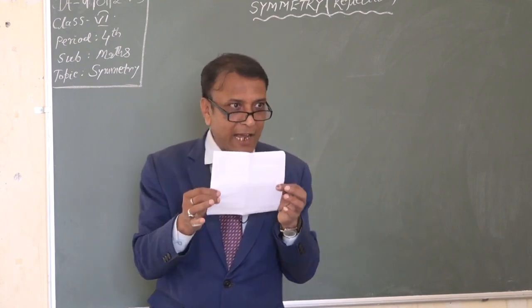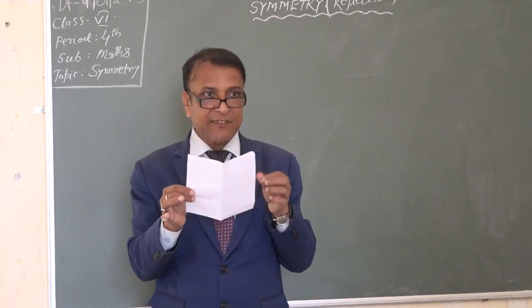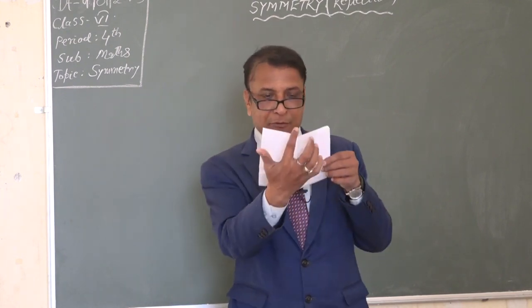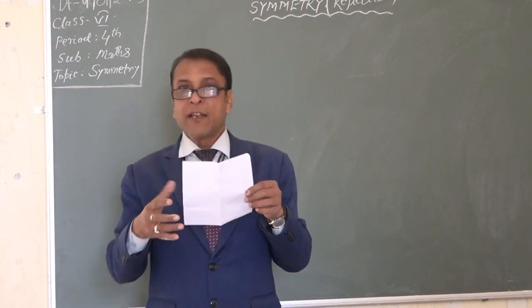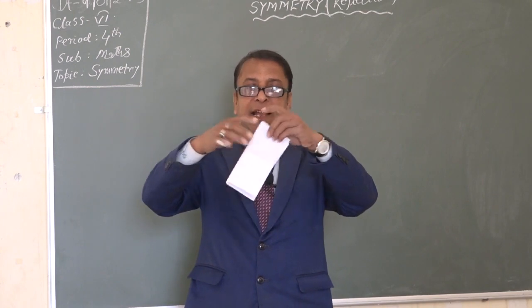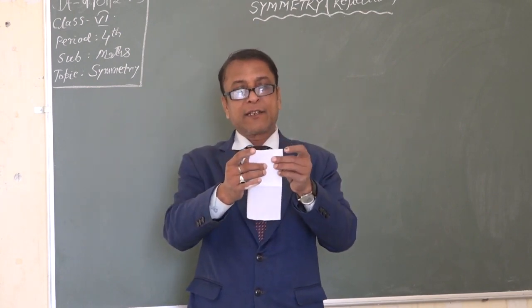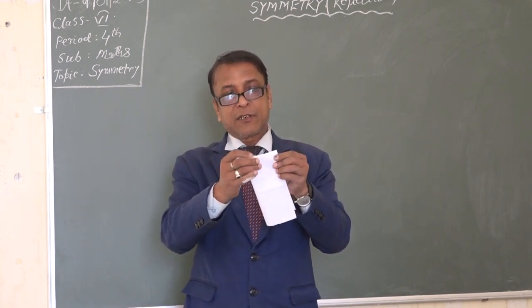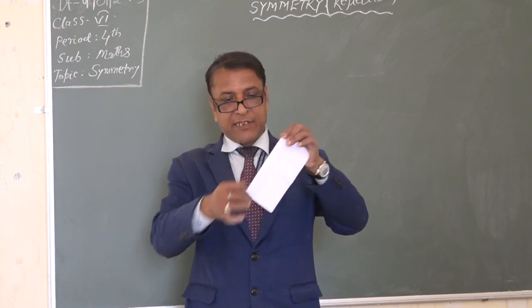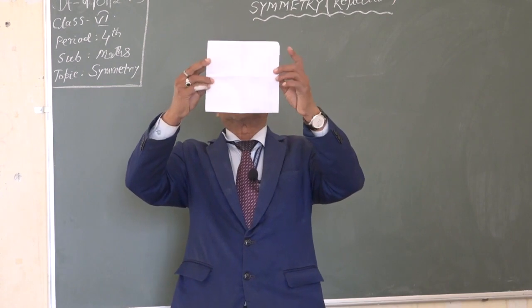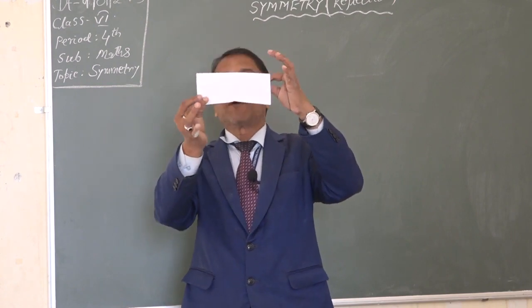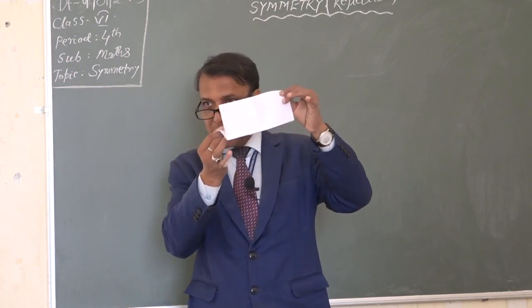So this square is symmetrical about this vertical line, which is called the y-axis. Now if I draw a horizontal line, that is your x-axis, then this square is divided into two parts or not?